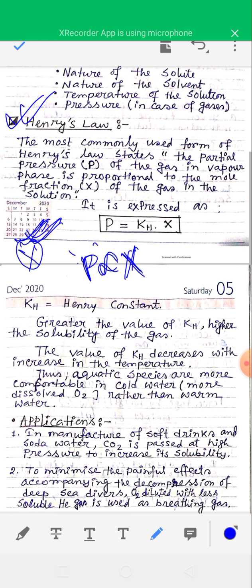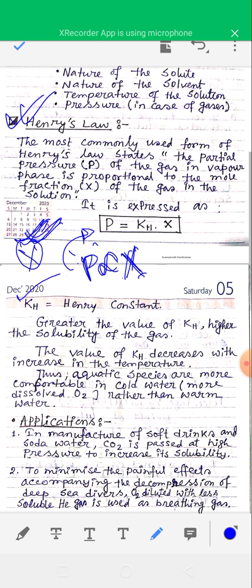You can state Henry's law like this: the partial pressure of the gas in vapor phase is proportional to mole fraction of the gas in the solution, and it is expressed as P proportional to X, or you can also write P is equal to kH into X, where kH is known as Henry's constant.